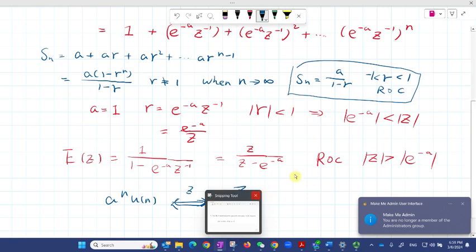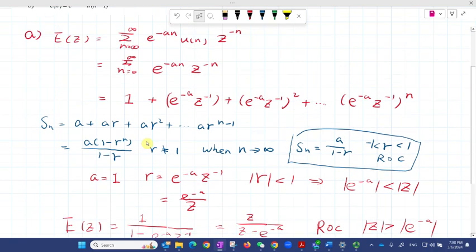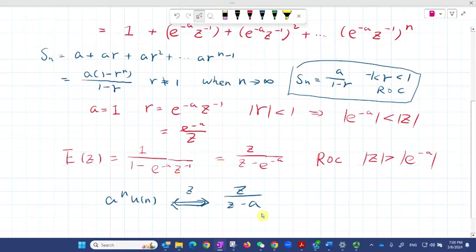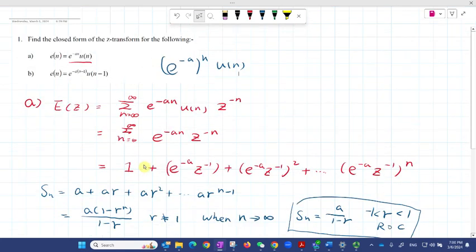In this case, if you look at the question, it is e to the order of negative a, to the order of n, u[n]. If you replace this a with e^(-a), you will get exactly the same result here. Cool, so that's the first part.